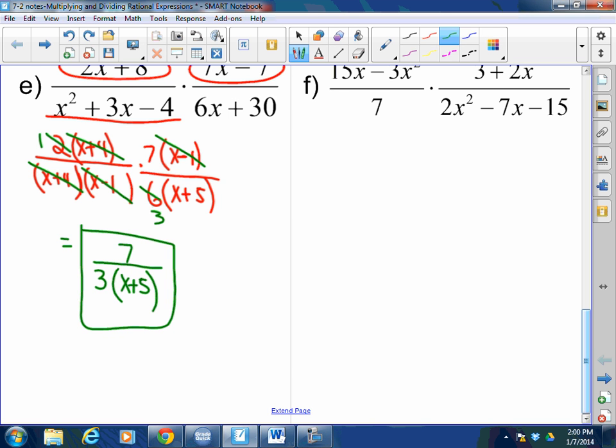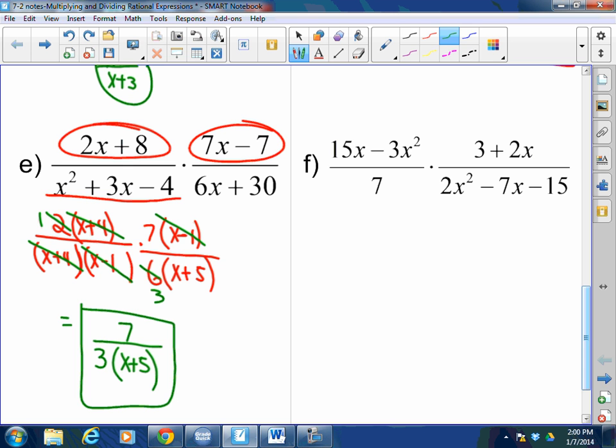Does that make sense, guys? If it wasn't separated by parentheses like the 6... Okay, the question was, how come you canceled out this 6? Because I had factored it out already. It's outside of that polynomial.